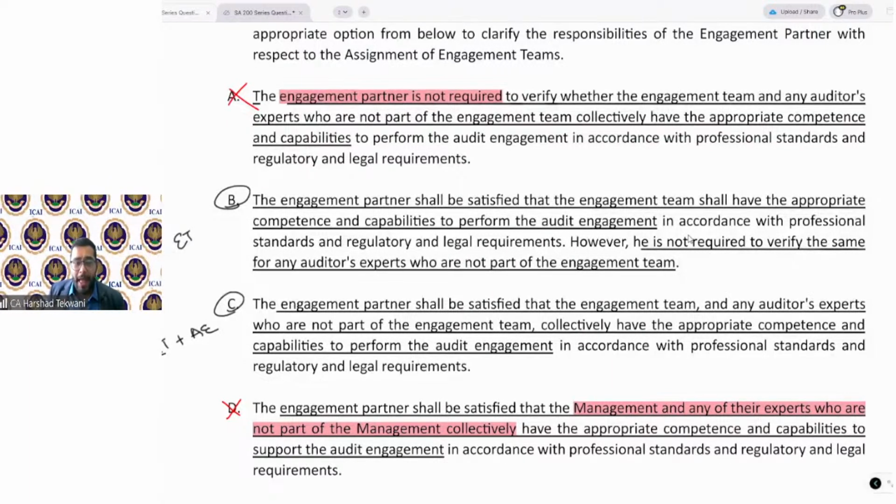So my question is, am I required to look for the competency and capability to perform the audit engagement of the auditor's expert, or I am just fine with the engagement team? I'm waiting for your answer.